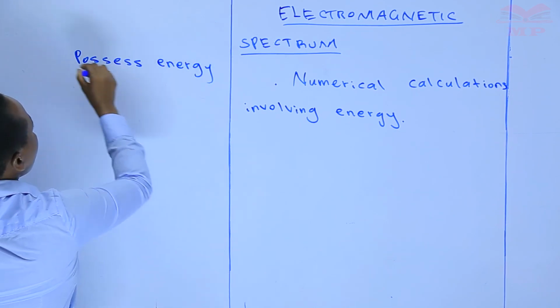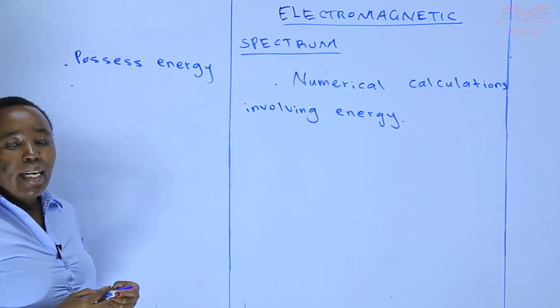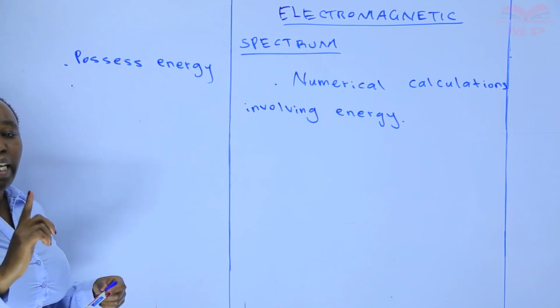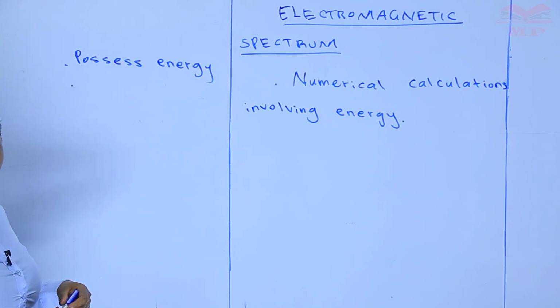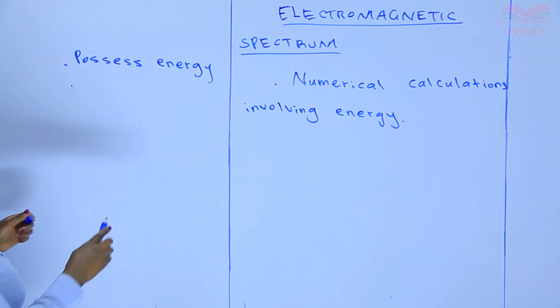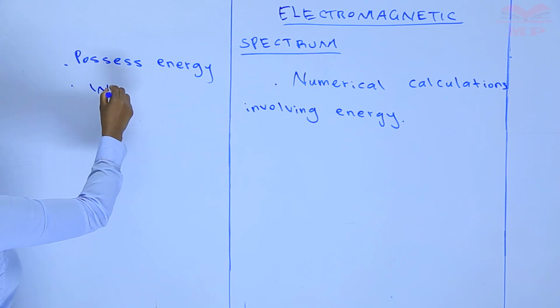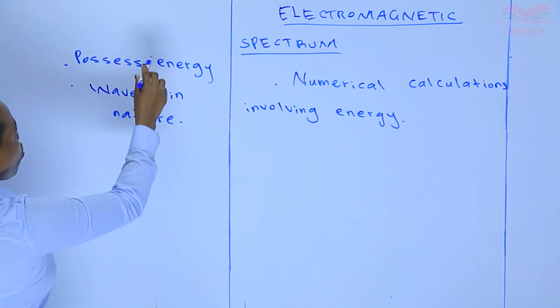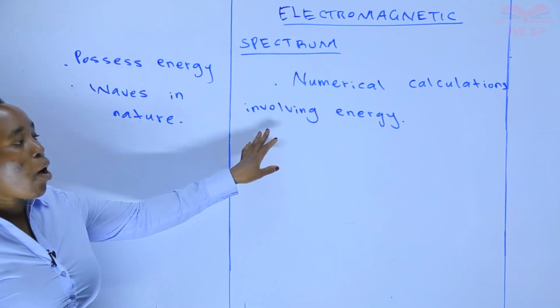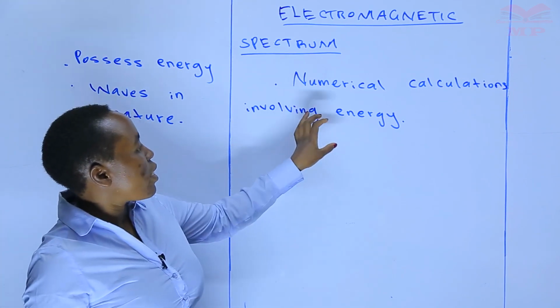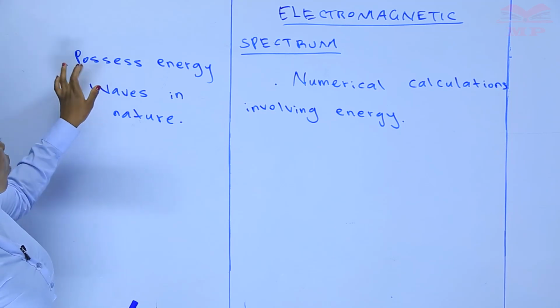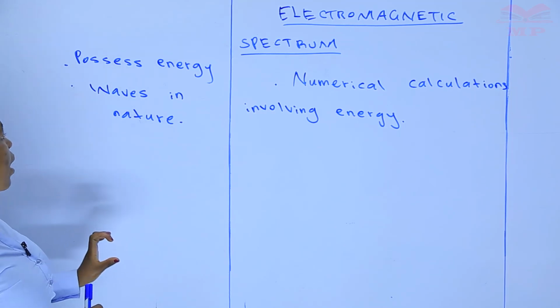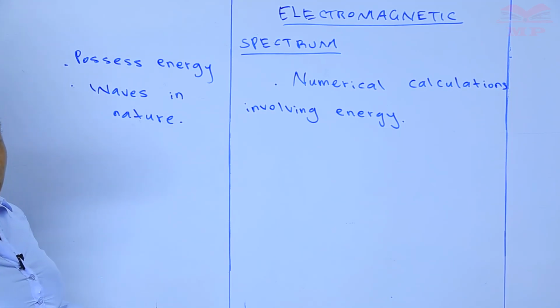And something else that we said is that they are waves in nature, so they are transverse waves. We are going to borrow this when we calculate in this lesson.